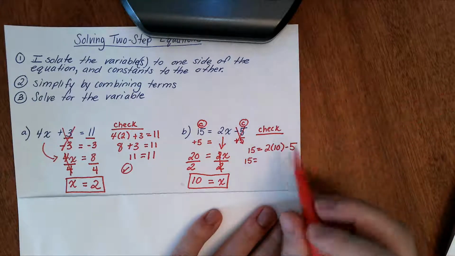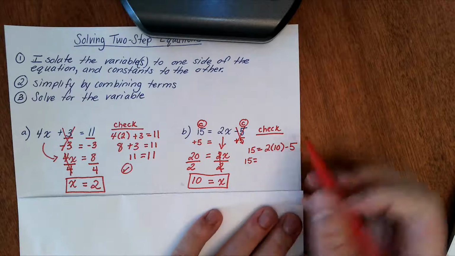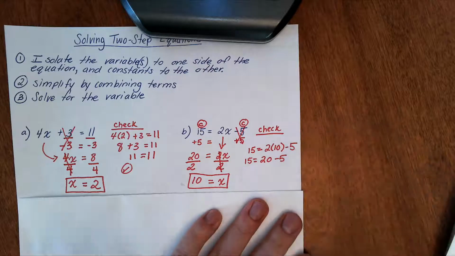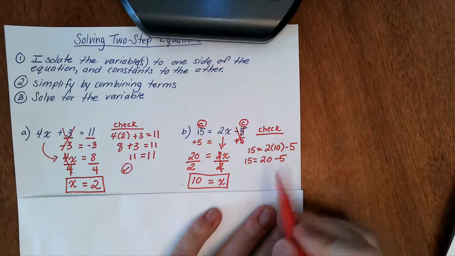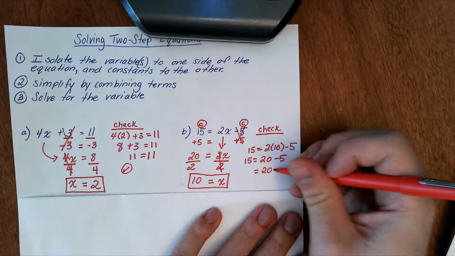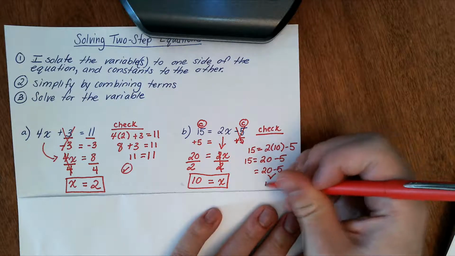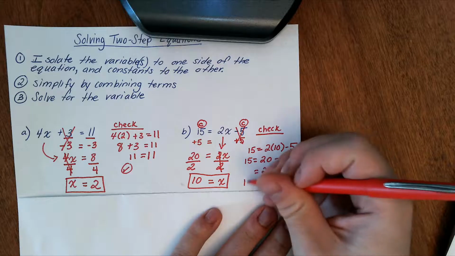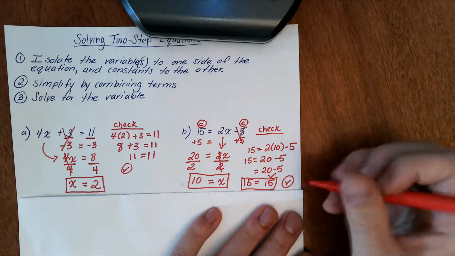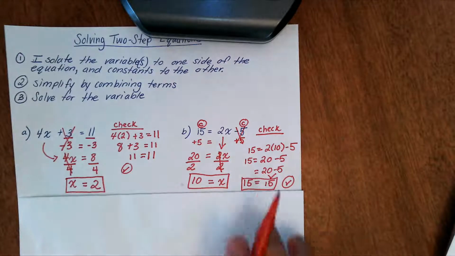BEDMAS says to perform this multiplication first. So 2 times 10 is 20. Okay, and the rest can just come down. If I subtract 20 and 5, then I'm left with 15. And does 15 equal 15? Yes, it does. So then I know I did my answer correct here.